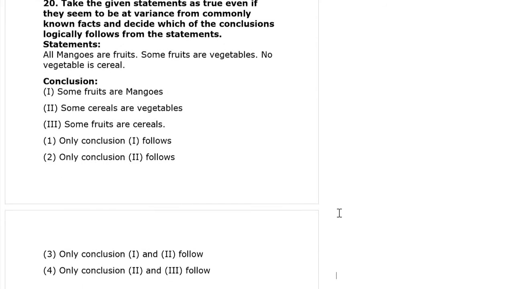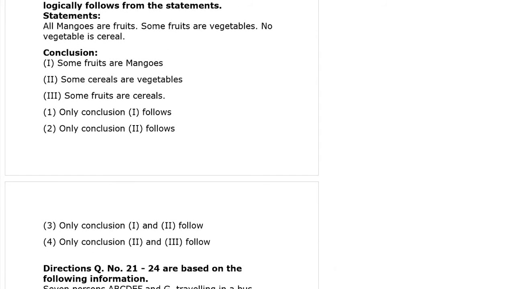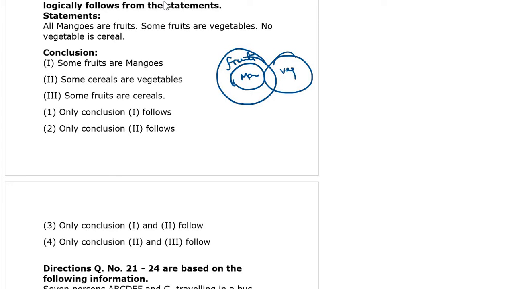All mangoes are fruits. Okay. All mangoes, the full set of mangoes, are fruits. Some fruits are vegetables. No vegetables are cereals. So there is no relation between cereals and vegetables. So what conclusion can we get?